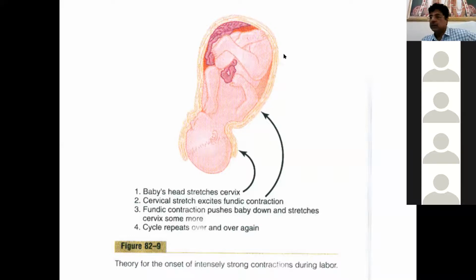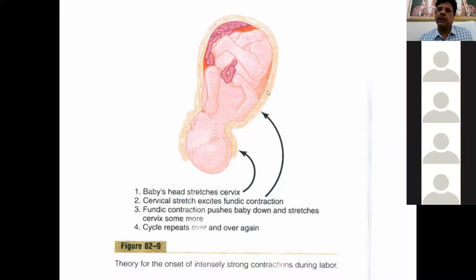Anyway, this parturition reflex is also a neuroendocrine reflex. So again, we can follow the same pattern. We can break it up as the stimulus for this reflex, and then the receptor, the afferent, center, efferent, and target.